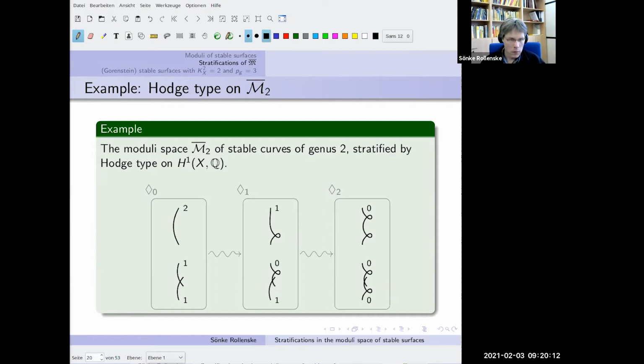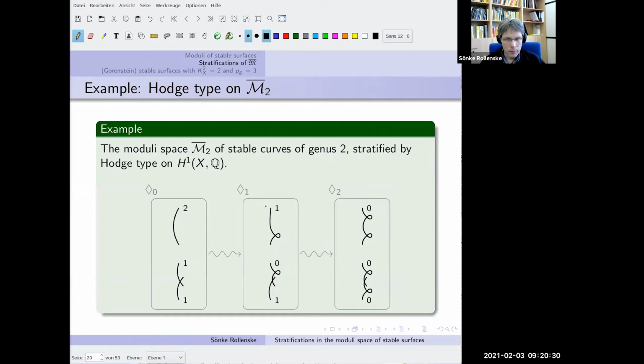This is the first bit, so the smooth ones and the ones where I get two elliptic curves put together, or where I have one bit of weight 1 and one of weight 0, or where it's purely of weight 0.